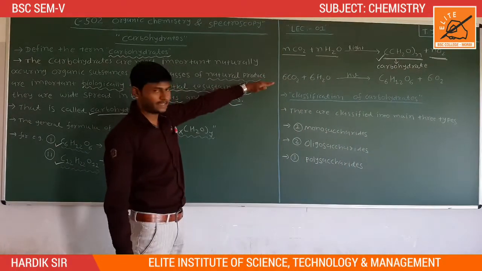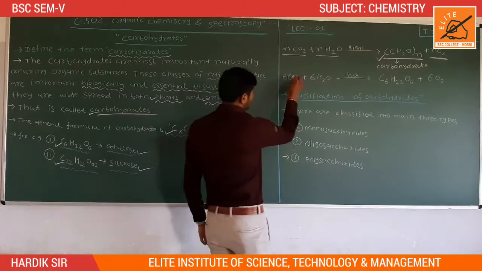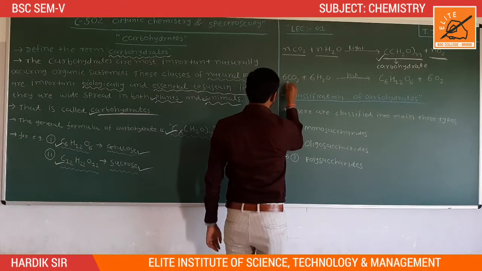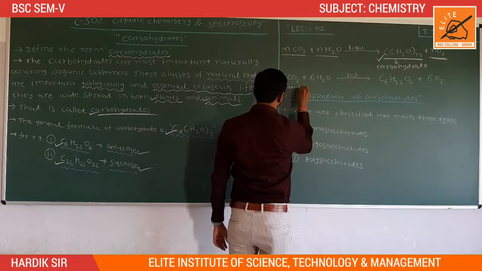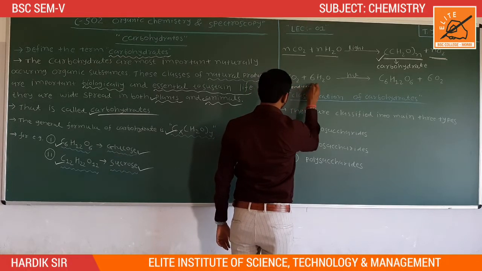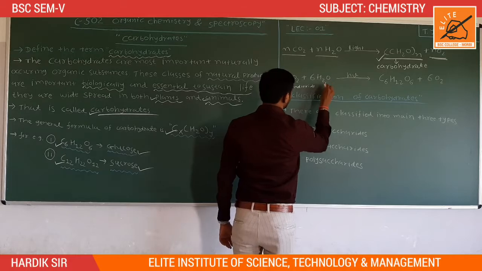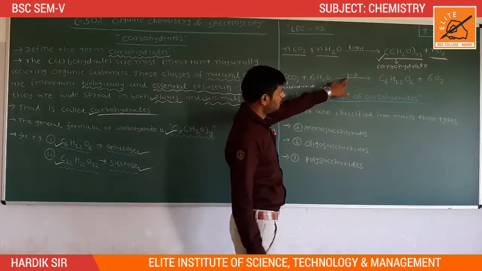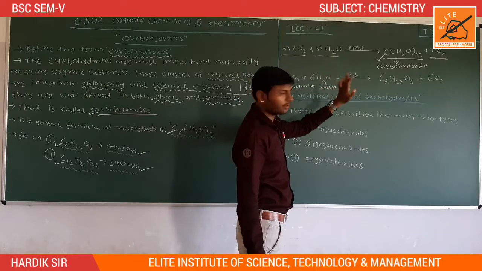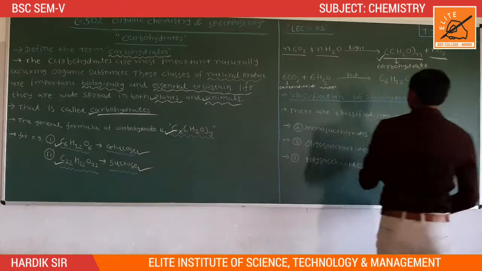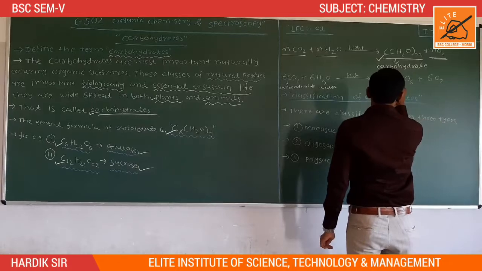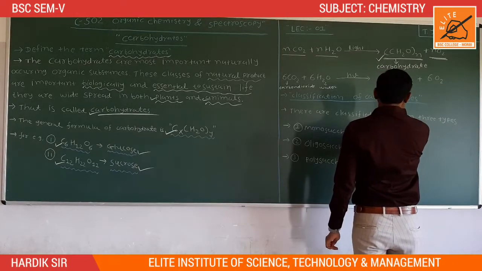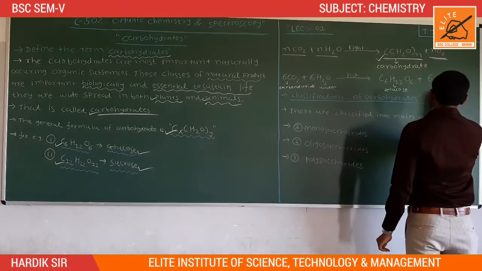An example of this reaction is that 6 mole of CO2, this is the carbon dioxide, reacts with 6 mole of water, in the presence of UV light or normal sunlight, to produce glucose and remove 6 mole of oxygen.